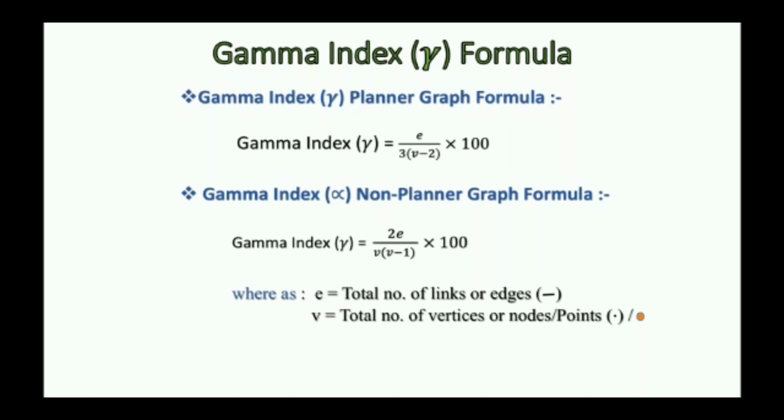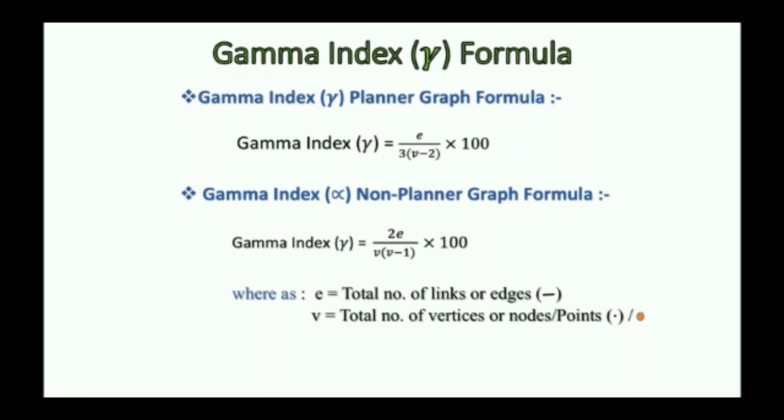First is the planar graph method formula. Gamma index is equal to E divided by 3 in bracket V minus 2 bracket complete, multiplied by 100. We multiply by 100 because we convert the answer into percentage.